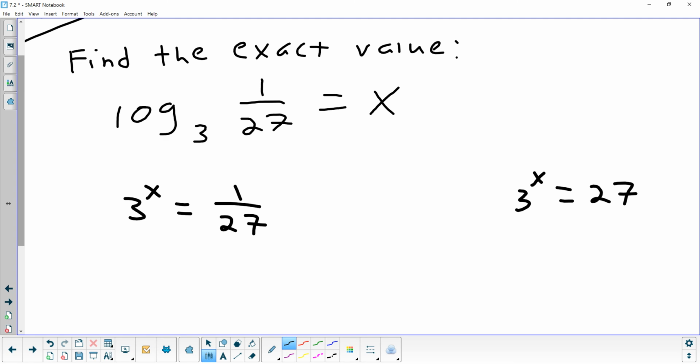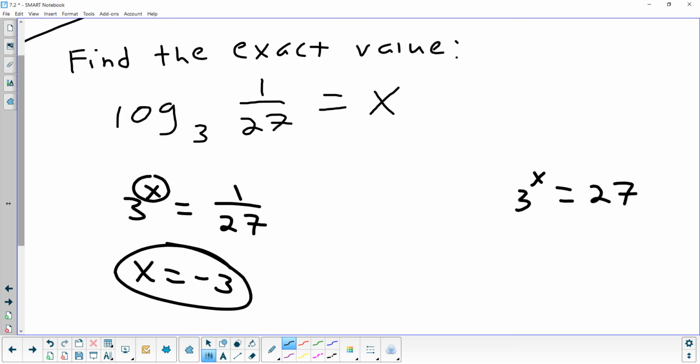So does anybody remember what kind of number the exponent has to be to cause something to flip? James? Negative. Has to be a negative. So the answer here isn't going to be 3, it's going to be negative 3. Remember, if you raise something to a negative exponent, it causes it to flip. And that's what happens here.